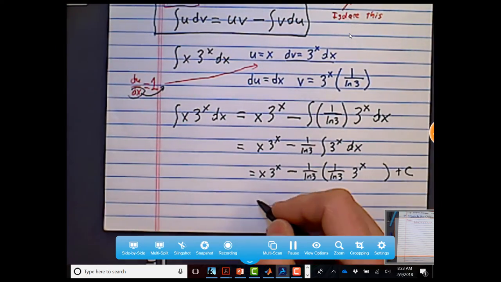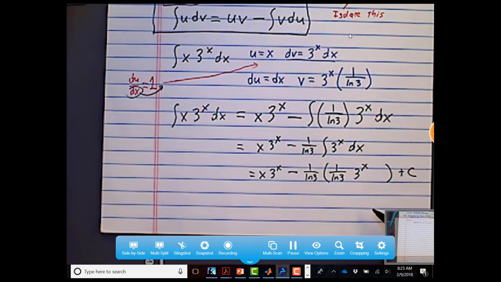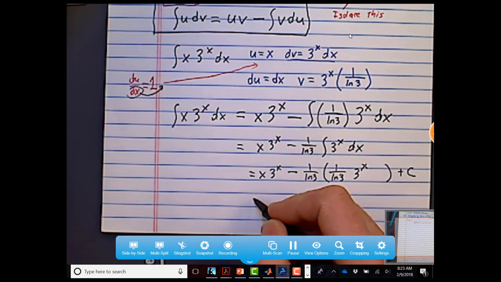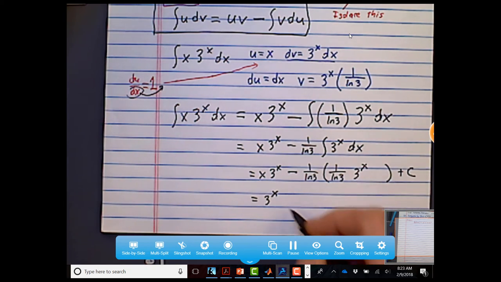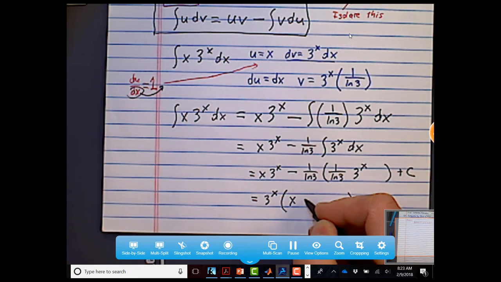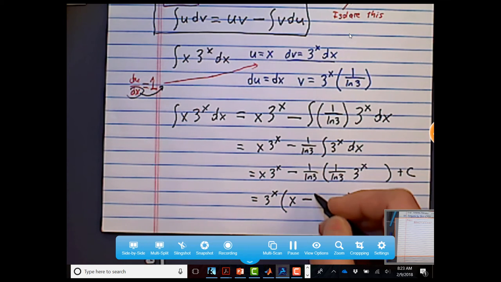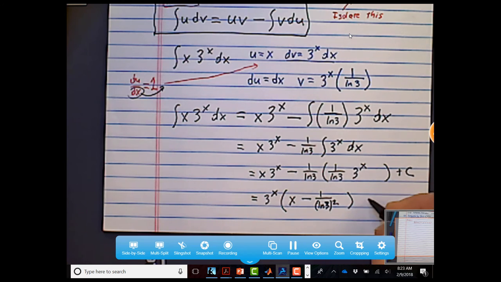Can I simplify? Well, one thing you could do, maybe we would factor out the 3 to the x that's common here and here, times x minus 1 over natural log of 3, squared, plus c.